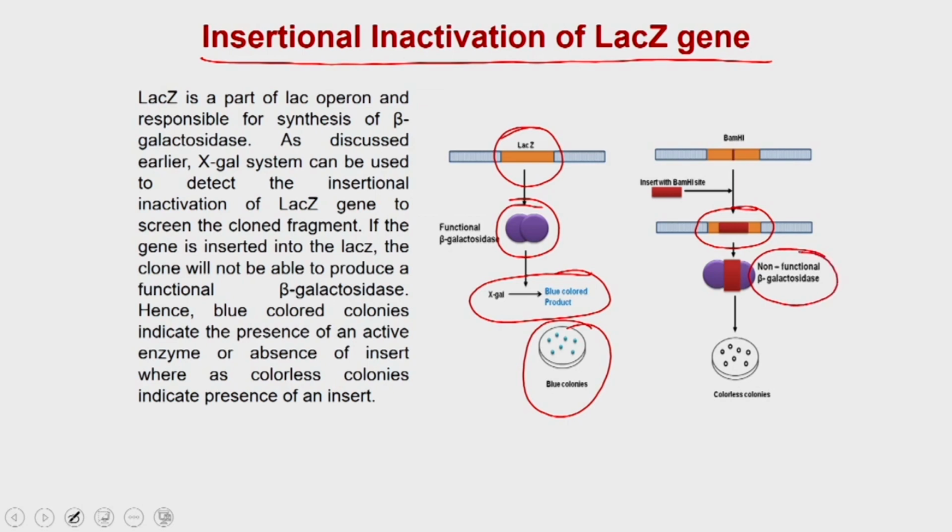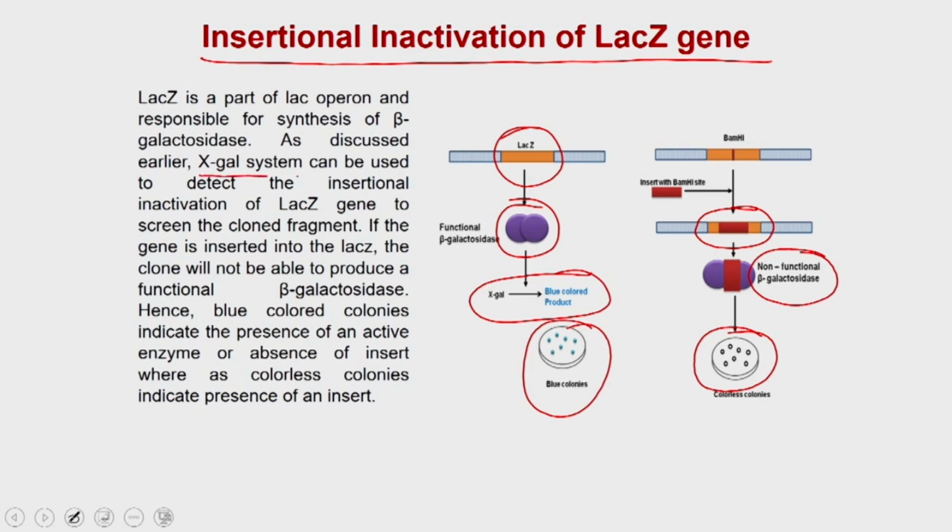It is not going to be able to process the X-gal to give you blue colored colonies, and what you are going to get is colorless colonies, and these colorless colonies indicate the recombination, the delivery of recombinant DNA into the host.